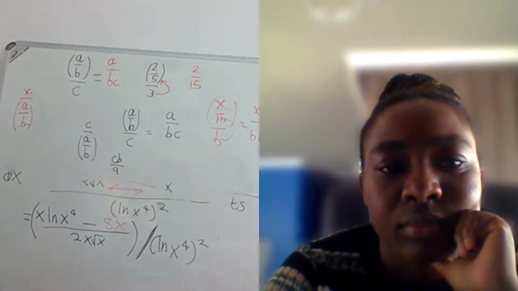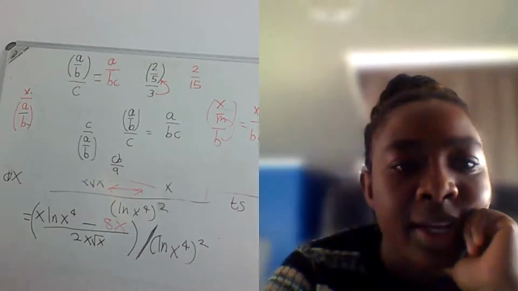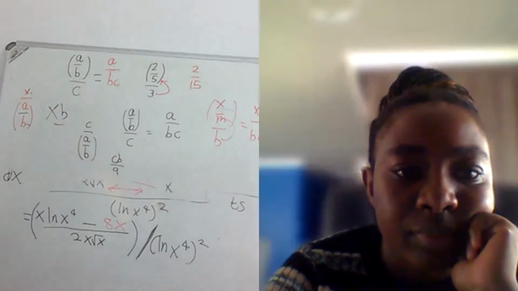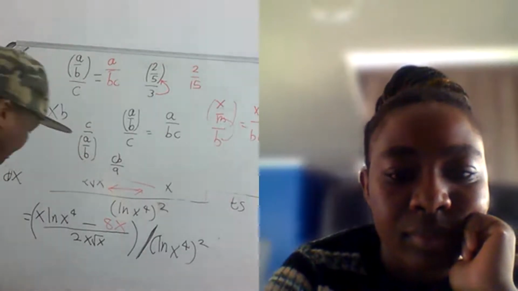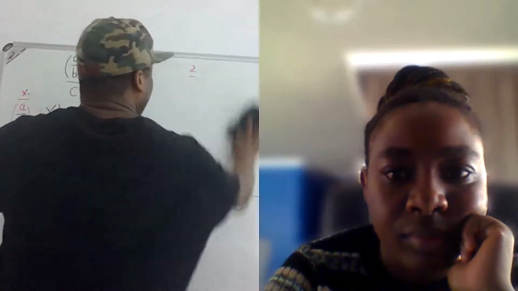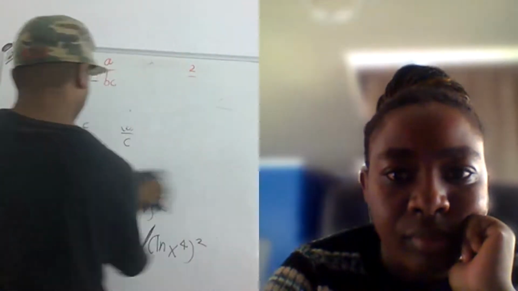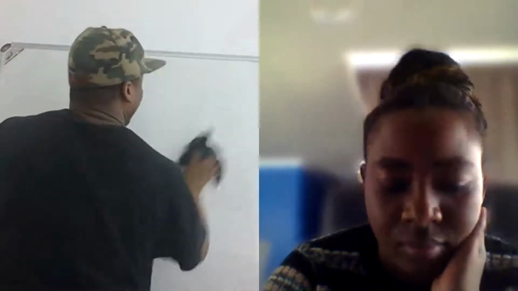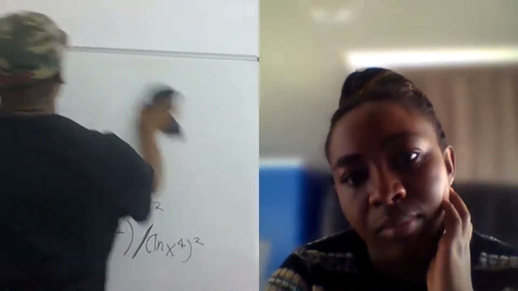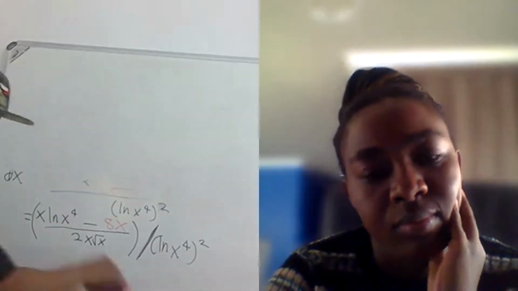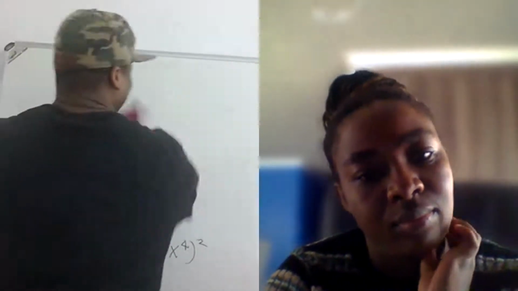X over AB is going to be XB over A. It's easy. And this is very good stuff, since you understand. Easy. Okay. Let's go.